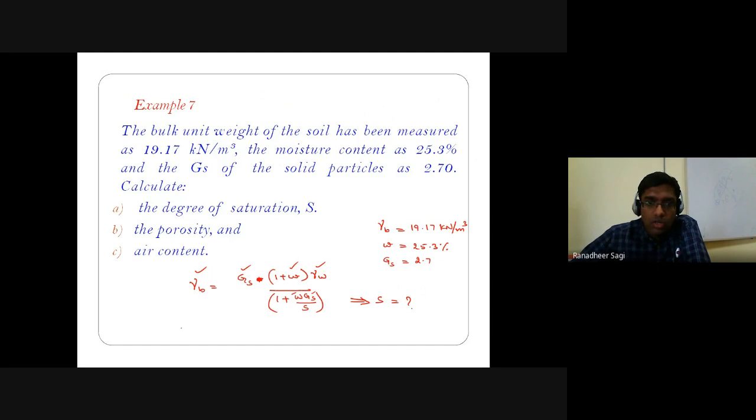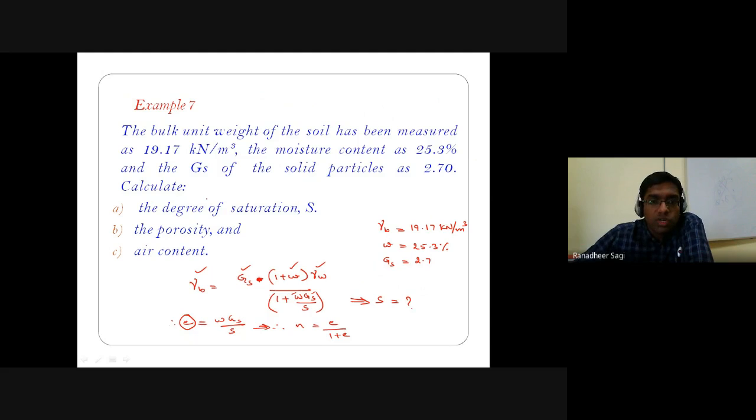So we know that e is equal to W into GS by S. W is known, GS is known, the S value currently is what we have calculated. So from this, e is what we can calculate. So once the e value is known, then n is nothing but e by 1 plus e. So as e is calculated, then you can go on to calculate your porosity.